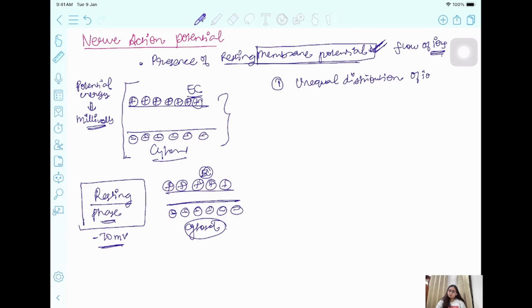unequal distribution of ions. Now, towards the cytosol side, we see more number of potassium ions, and towards the extracellular side, we see more number of sodium ions and chloride ions. This is the cationic part. This is an anion. Again, this is a cation.